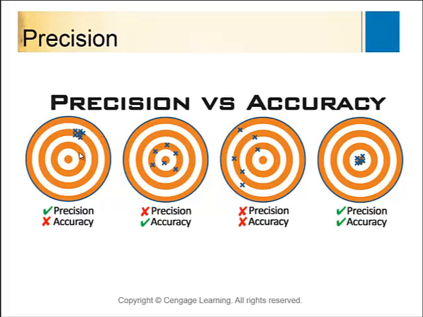But they weren't very accurate, they were just very precise. In this next one, they were pretty accurate because they were aiming for the middle. They got all around the middle, but they weren't very precise because they weren't gathered up in one spot. You'll notice that the next bullseye is just kind of all over the place, neither precise nor accurate. And then our last bullseye is both accurate and precise at the same time.